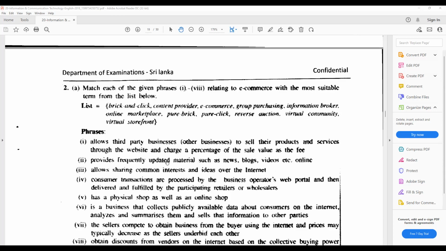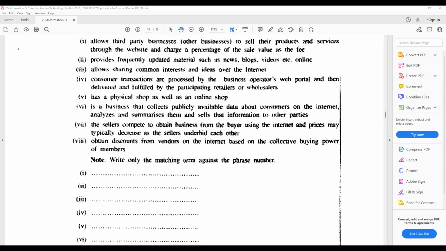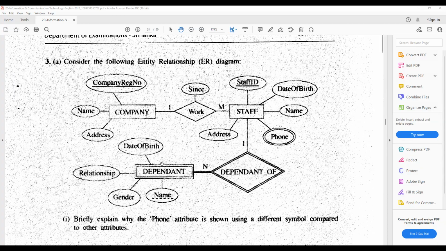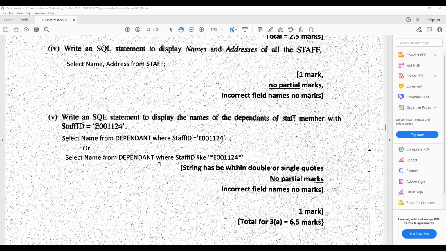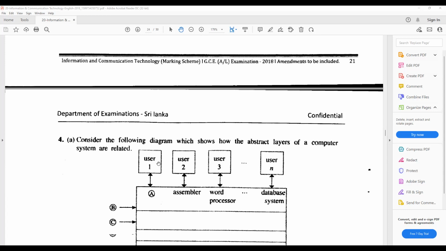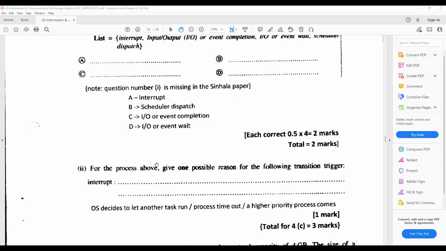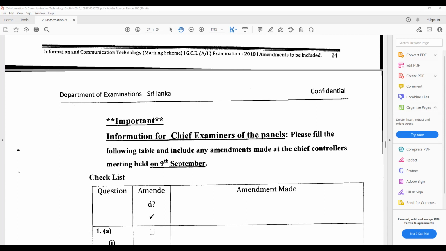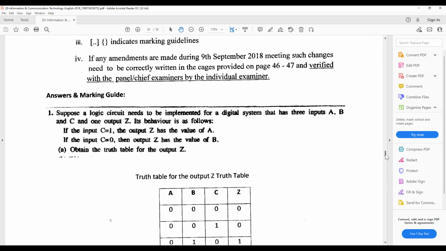And finally, you will have essay type questions. So you need to write an answer, right? So this is how they have designed the paper. This is with the mark sheets that you will see.